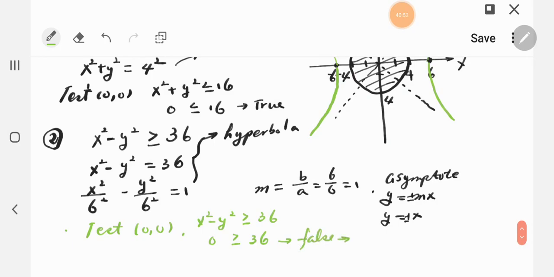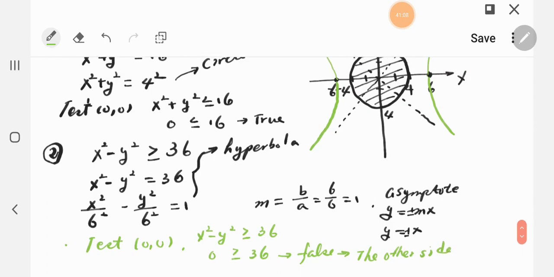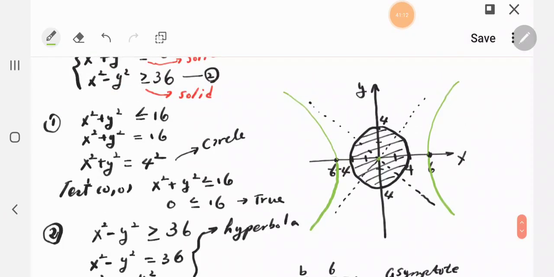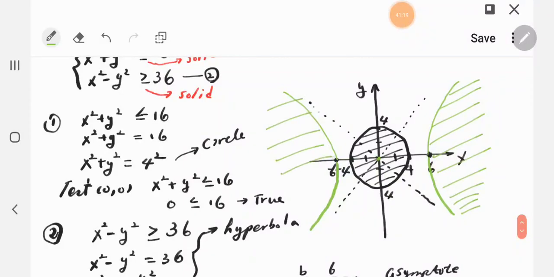So we will select the area outside, the other side, which means the side that does not contain 0, 0. So the solution is outside, not between these two hyperbola curves.